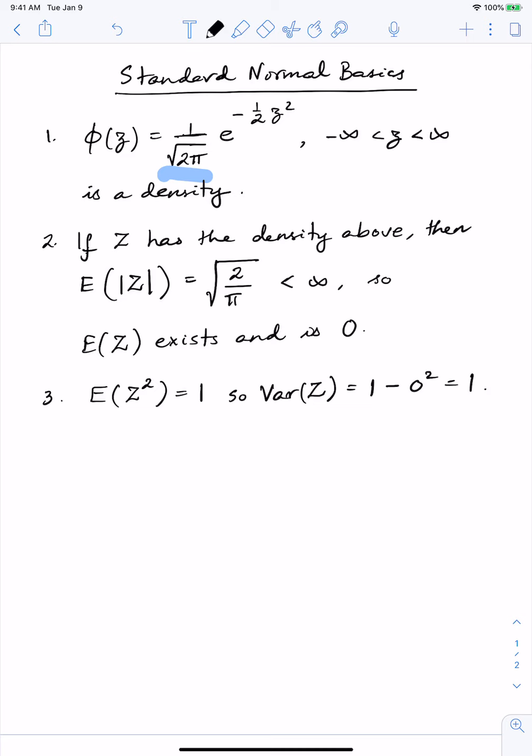And while we're about it, let's just note that if x is some other normal, then of course x is a linear transformation of a standard normal.